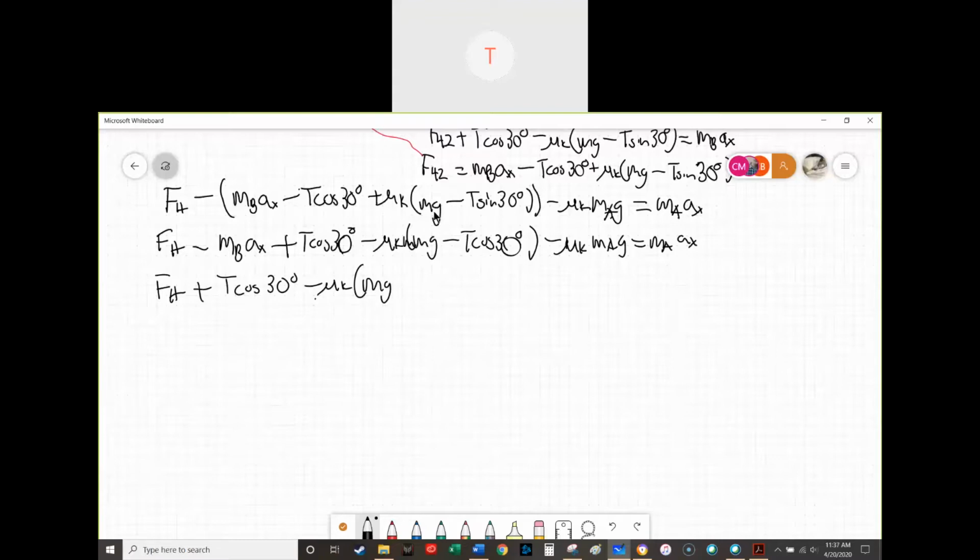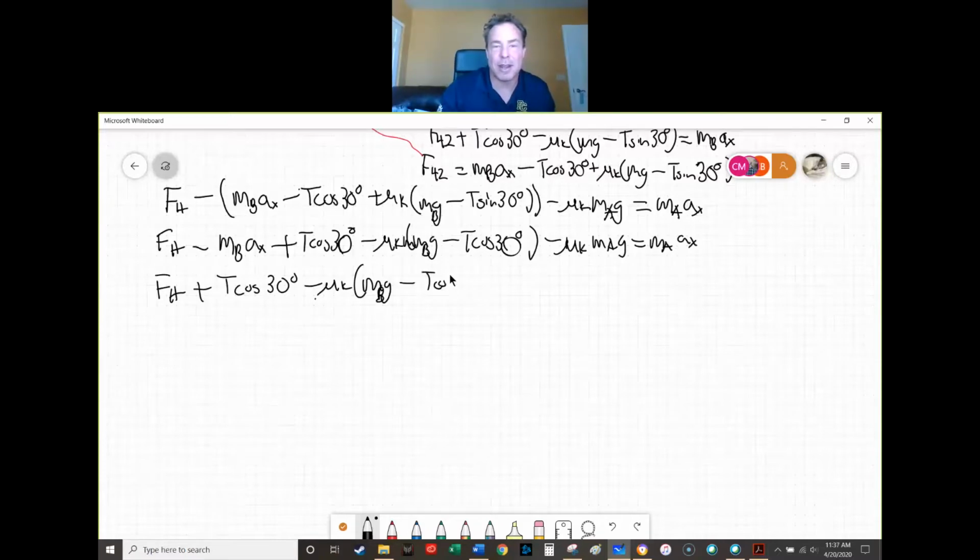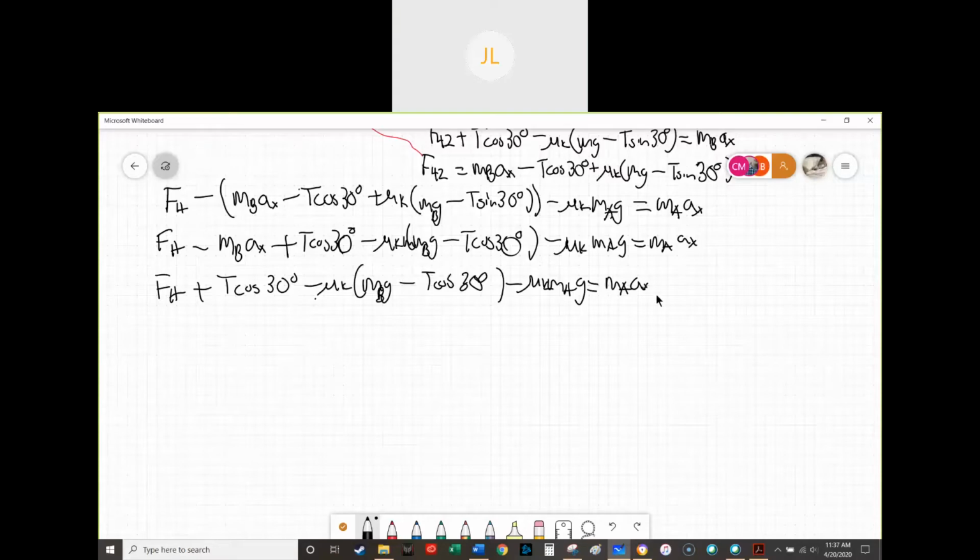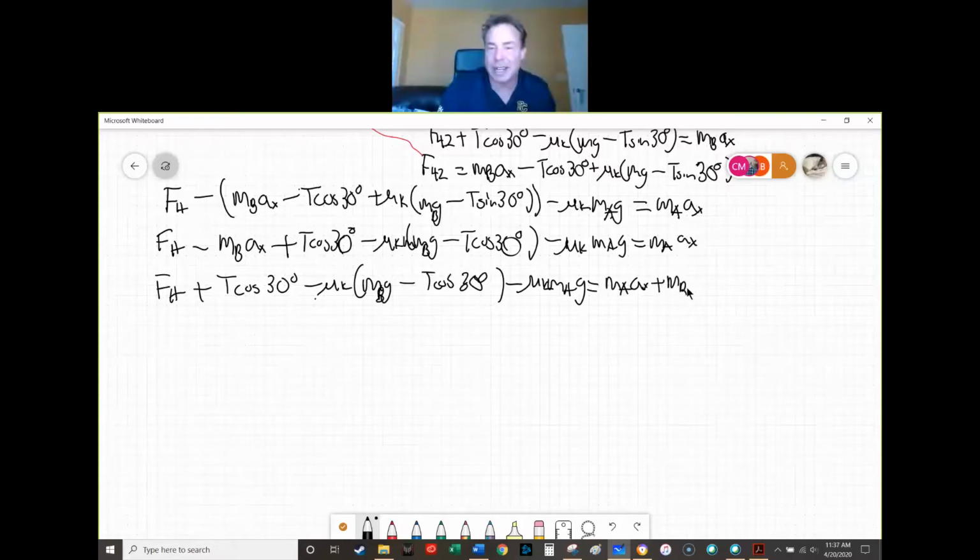And this should be mBg minus T cosine of 30 degrees minus mu sub k mAg equals, and I'm going to move this down. I'm not going to lie, when I did this, I just left it blank. Yeah, I don't blame you. Because that's all the work.